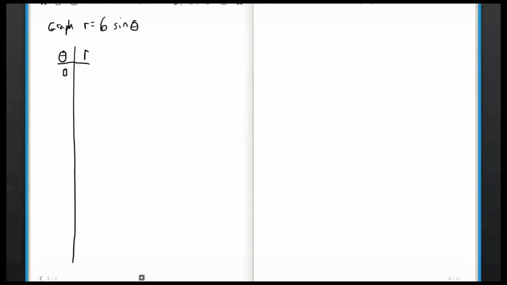I'll go with pi over 6's, so 0, pi by 6, pi by 4, pi by 3, and then pi over 2. And then I'm going to start to skip here. 2 pi by 3, and then 3 pi by 4. Actually, I haven't skipped any yet. And then my next one would be 5 pi by 6.